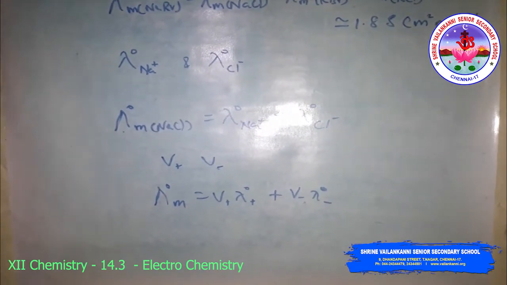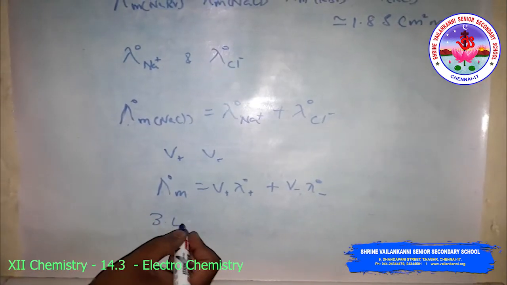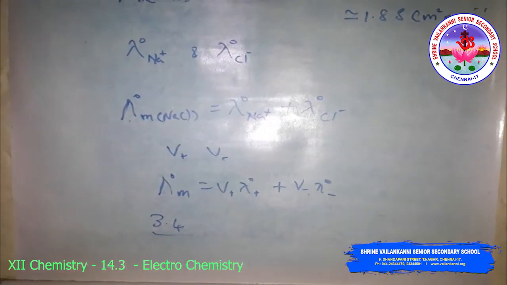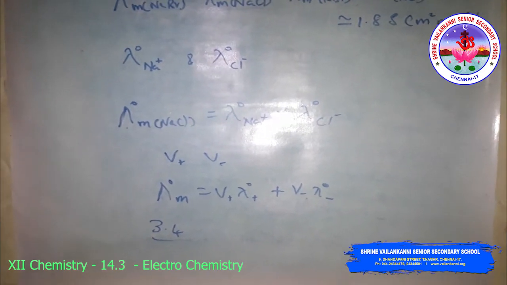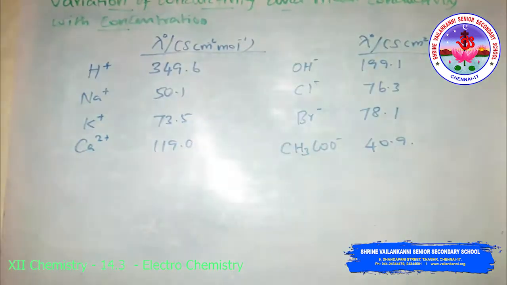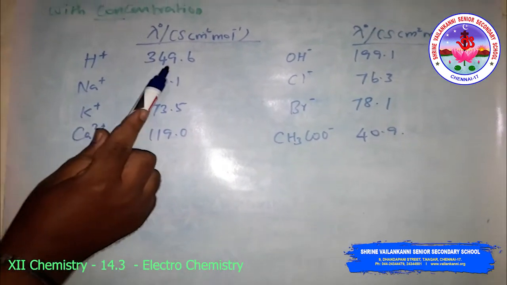Some values of limiting molar conductivity are given in the textbook, in Table 3.4. For the hydrogen ion, the limiting molar conductivity value is 349.6.